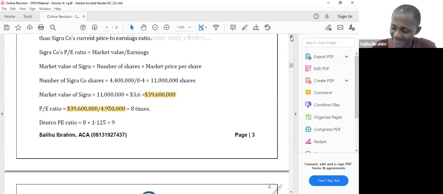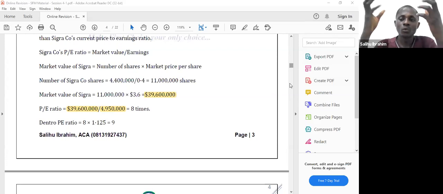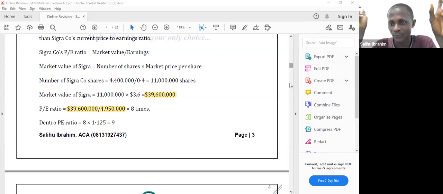Now, this 46,912,500 is the post-acquisition market value of the combined companies. Do we understand that? Now, when you get the post-acquisition market value, the next thing is, what is the post-acquisition number of shares?